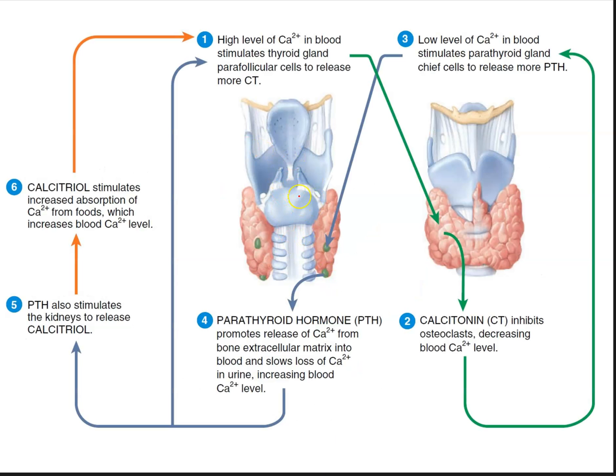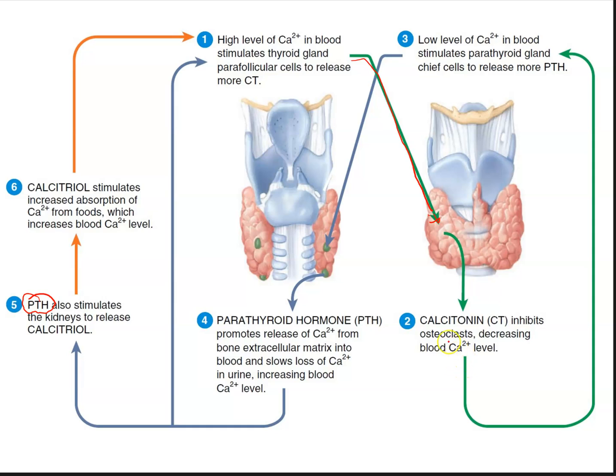Now this picture shows the regulation of calcium in the blood. The main hormones involved in calcium regulation are parathyroid hormone and also calcitonin. Now, when the level of calcium in the blood is really high, the thyroid gland is stimulated to release calcitonin from the parafollicular cells.